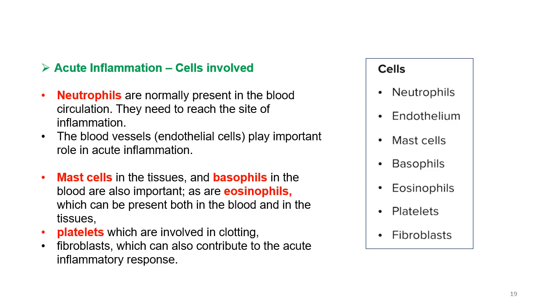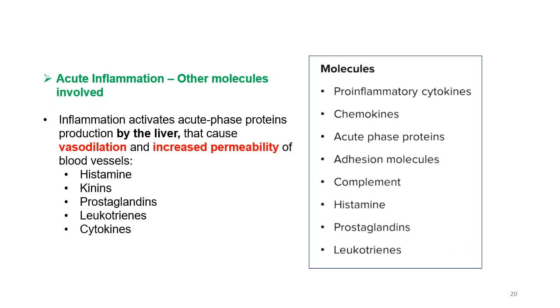All right. So here, cells that are involved in acute inflammation, as I mentioned, the most important one here is your neutrophil, and the rest for you to study. And molecules that are important for acute inflammation, right?